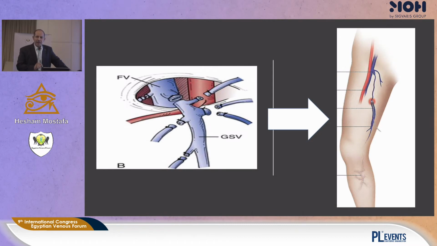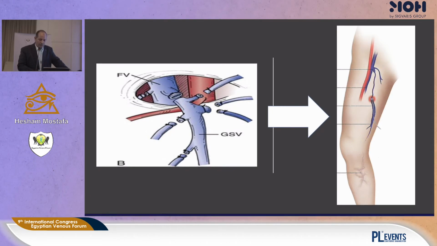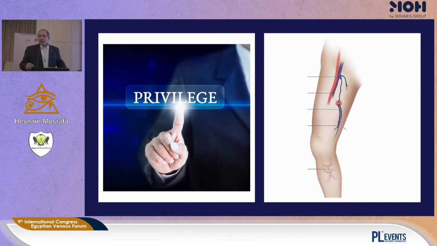We know that the open technique we do in the context of stripping, and saphenofemoral ablation is done in the context of endovenous saphenous ablation. What is the privilege of using endovenous ablation of the saphenofemoral junction? I think that the privilege is it is minimally invasive. It needs no operating theater.